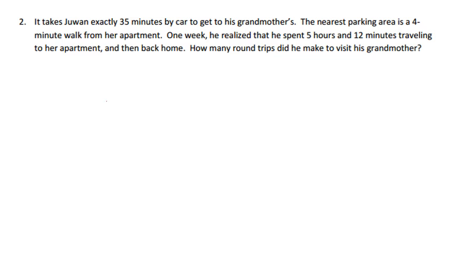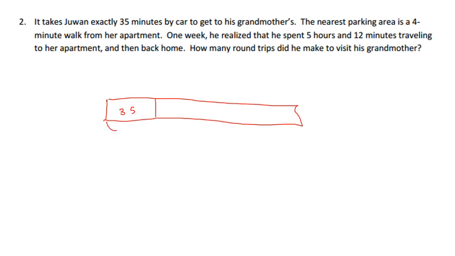Okay, so let's take a tape diagram here first. And the first thing he says is it takes 35 minutes, and this was to get to grandmom's by car. Then he said that he has to do a 4-minute walk.